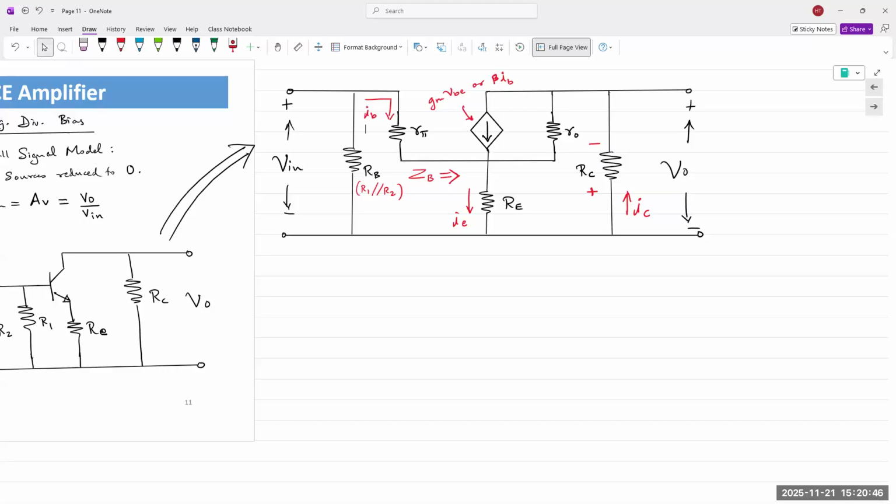As with all things, we'll begin with KVL at the input loop. V in is equal to the voltage drop across R pi plus the voltage drop across the emitter resistor.